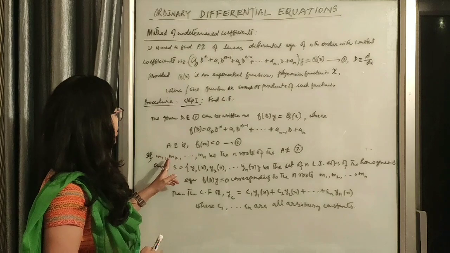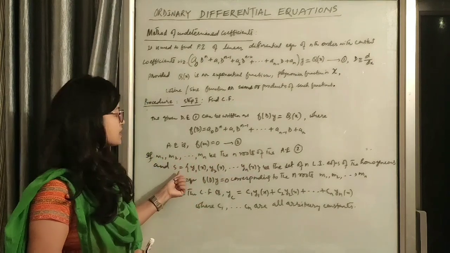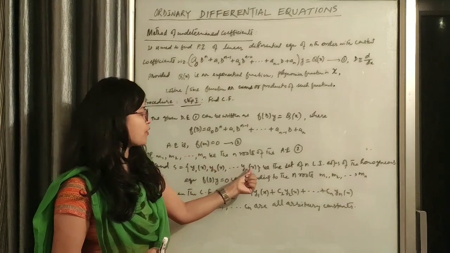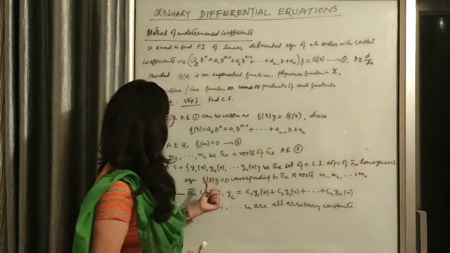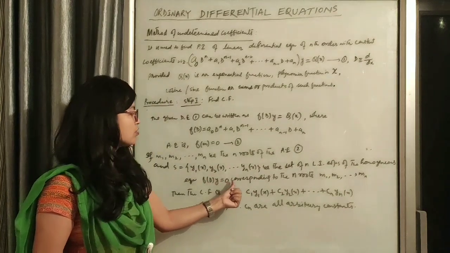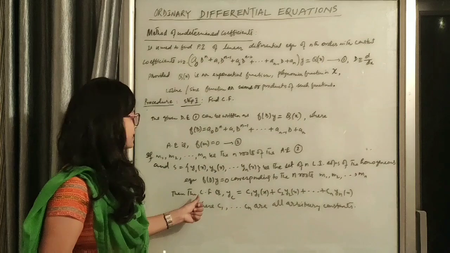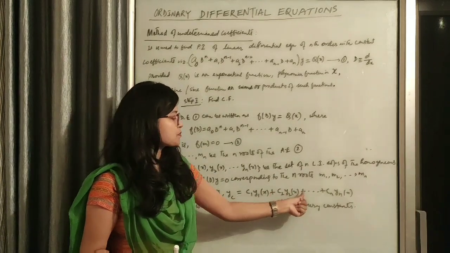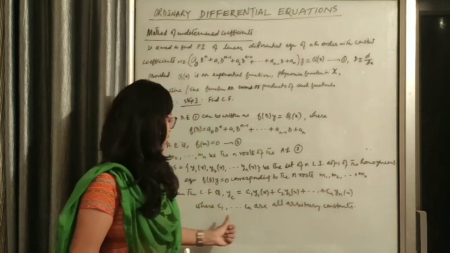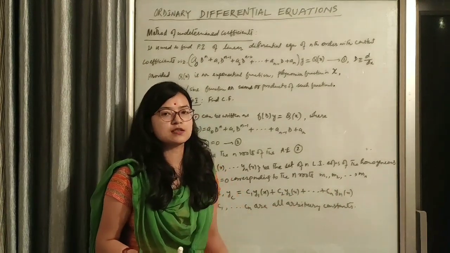If m1, m2 up to mn are the n roots of this auxiliary equation, and y1(x), y2(x) up to yn(x) is a set of n linearly independent solutions of the homogeneous equation F(D)y equal to 0 corresponding to the n roots m1, m2 up to mn, then the CF can be written as c1 y1(x) plus c2 y2(x) plus up to cn yn(x), where c1, c2 up to cn are all arbitrary constants.